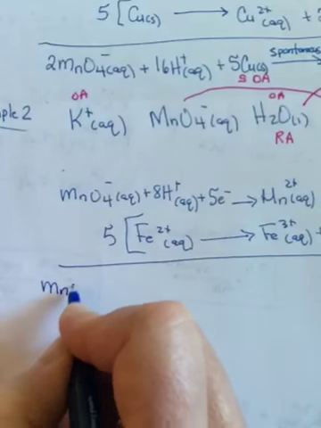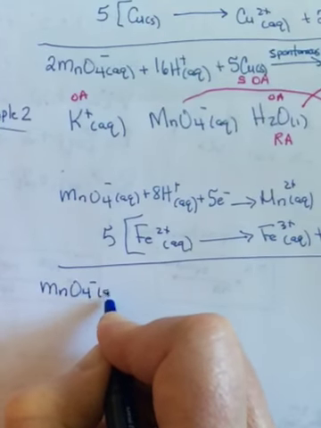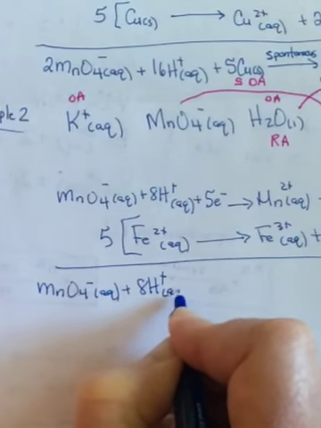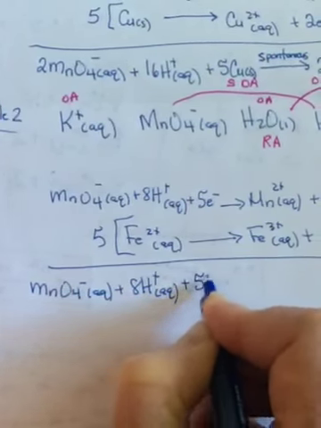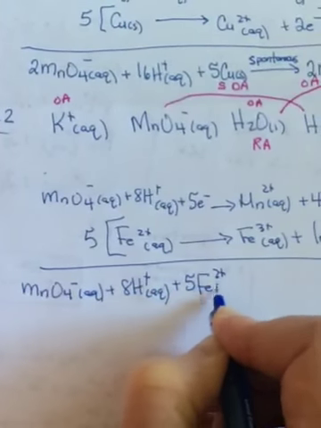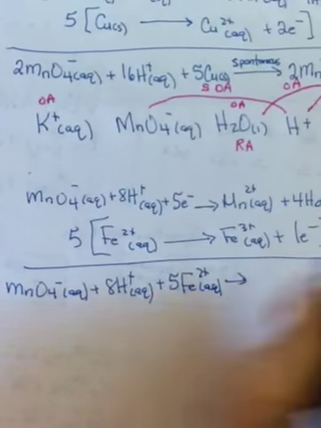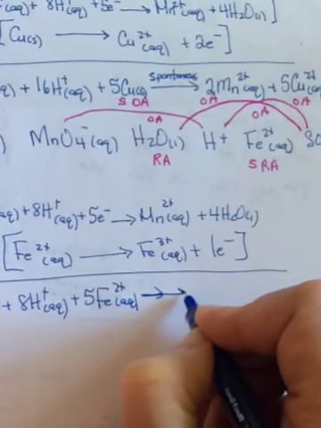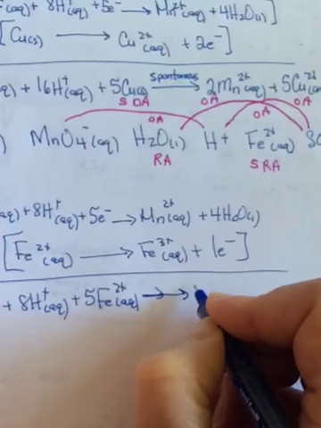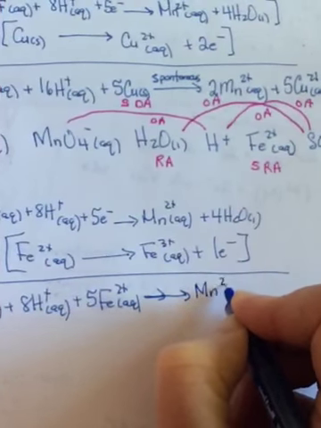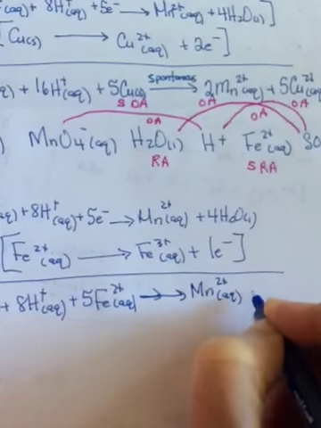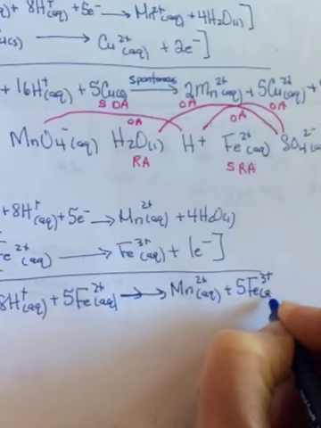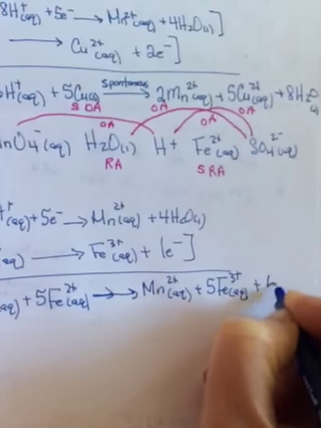So MnO4 negative aqueous plus 8 hydrogens plus 5 iron 2 going to, ooh, I didn't make my going to long enough to write spontaneous or non-spontaneous on it. Mn2 positive aqueous plus 5 iron 3s plus 4 waters.